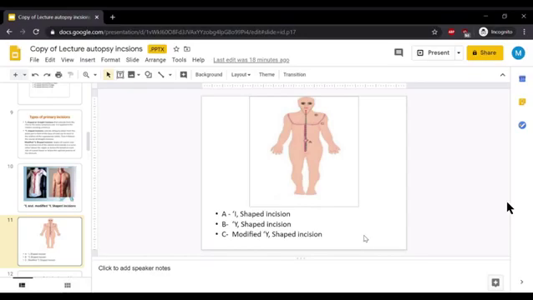Both limbs of the Y start from the base of the ears, join at the suprasternal notch, and then adopt the pathway of the I incision. Then the modified Y incision, C: it starts from the acromial end of the clavicle, joins the xiphoid process of the sternum, and then adopts the pathway of the I incision.